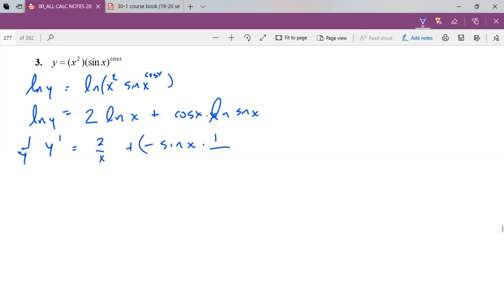Derivative of log is 1 over the inside, the inside stays the same, so that's 1 over sine x times the derivative of sine x, cos x.